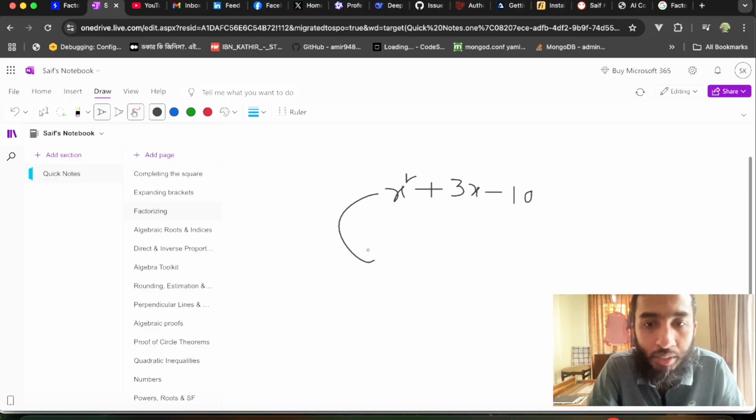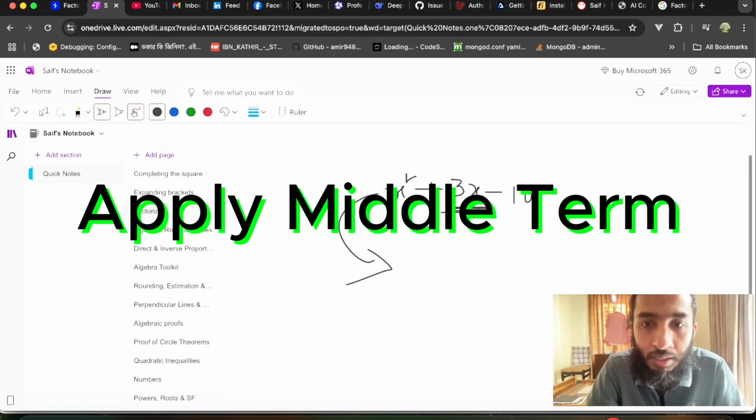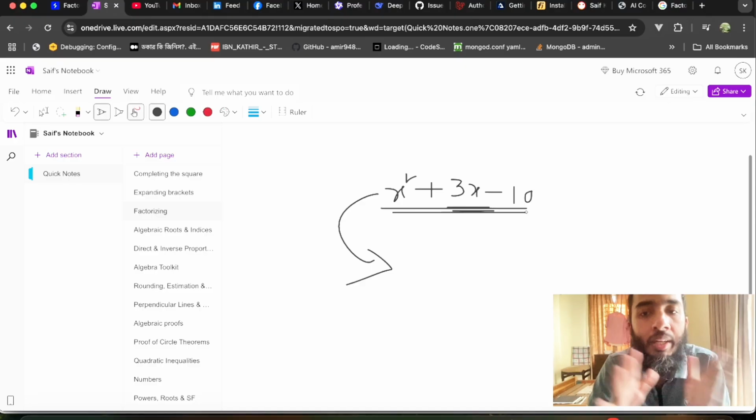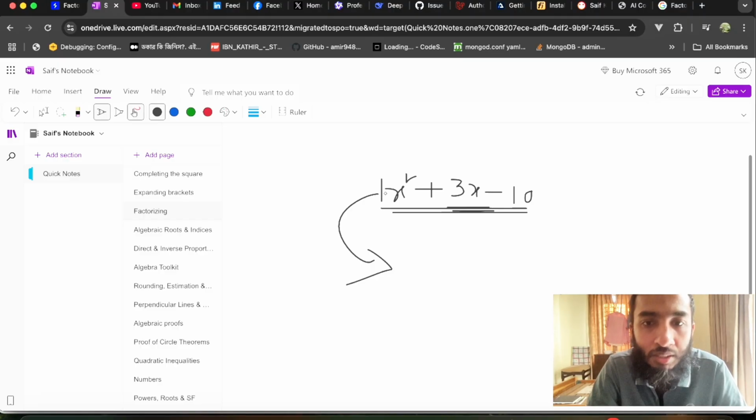I can do that by using the middle term concept, where I can make the middle term in this whole expression into an addition or subtraction. For example, in x squared plus 3x minus 10, 1 multiplied by 10 is 10.